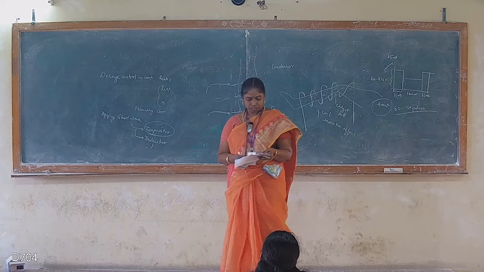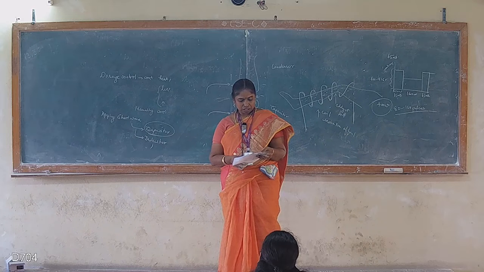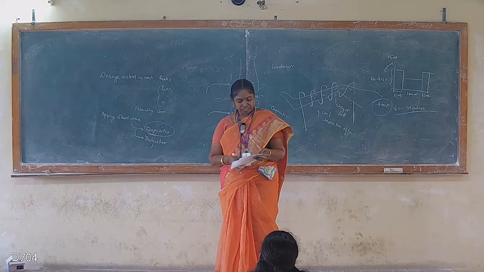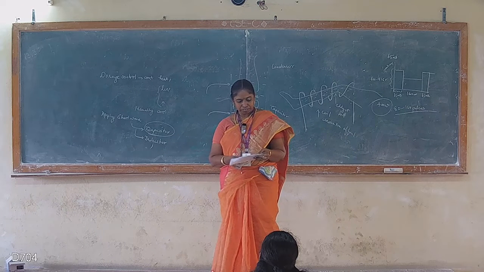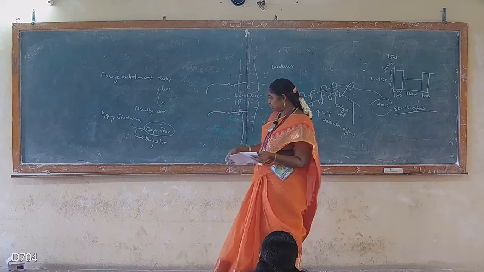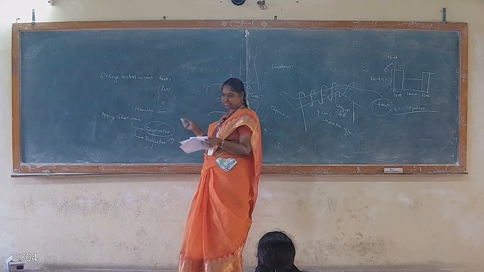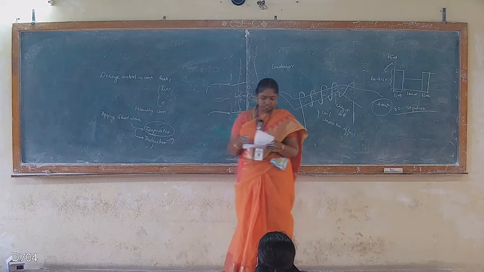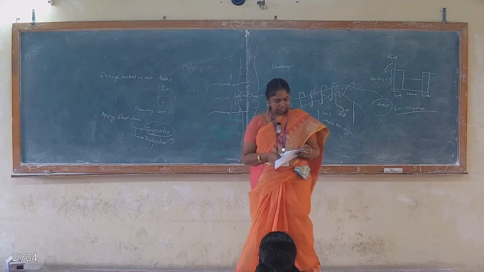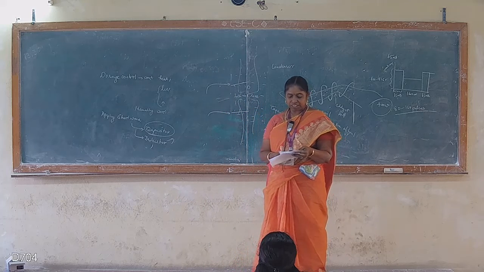Third one, define inductothermy. The inductothermy is nothing but the inductor method, the other name. Similarly for the capacitor, that is the condenser method. Fourth question is, what is condenser method of shortwave diathermy?